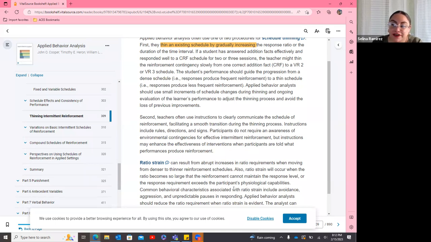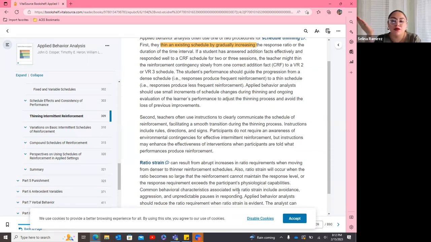Common behaviors or characteristics associated with ratio strain: avoidance, aggression, unpredictable pauses in responding. So that's why they say that continuous schedules of reinforcement are good for new learners, or also for people who just randomly started engaging in high levels of aggression.